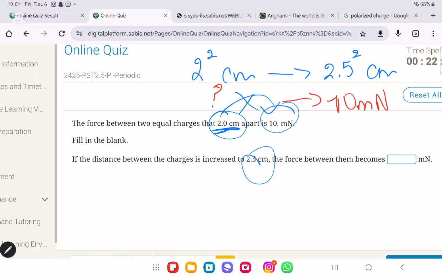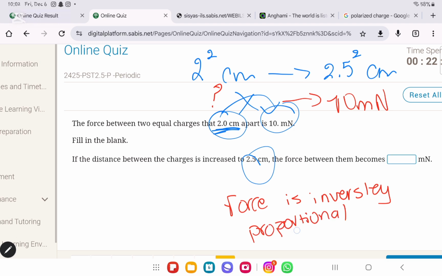So if they are inversely proportional, always remember, force is inversely proportional to the distance squared.